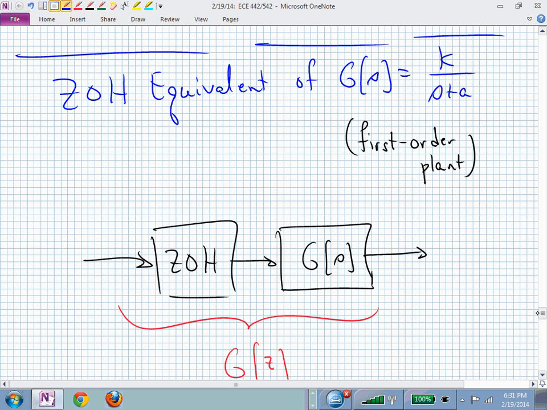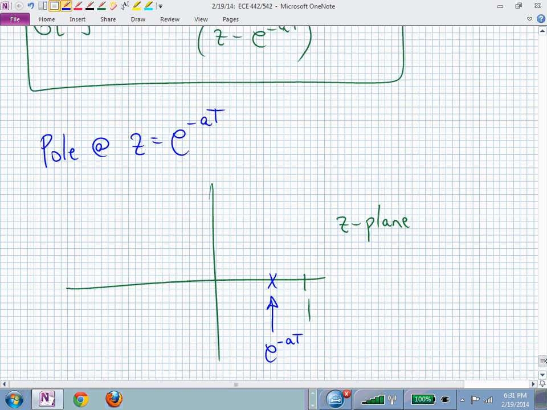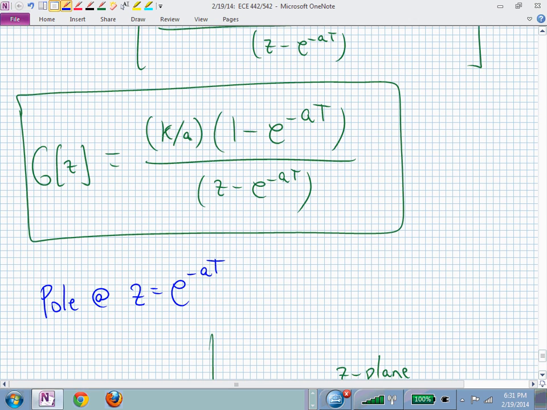Now, where do we associate DC, or the origin, or zero frequency in the z-plane? s equals 0 corresponds to z equal 1, doesn't it? So now z equal to 1 is really where we evaluate this transfer function to find its DC gain.